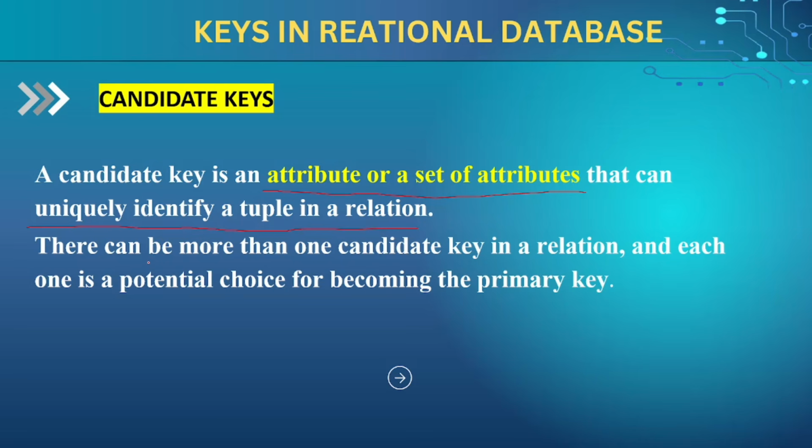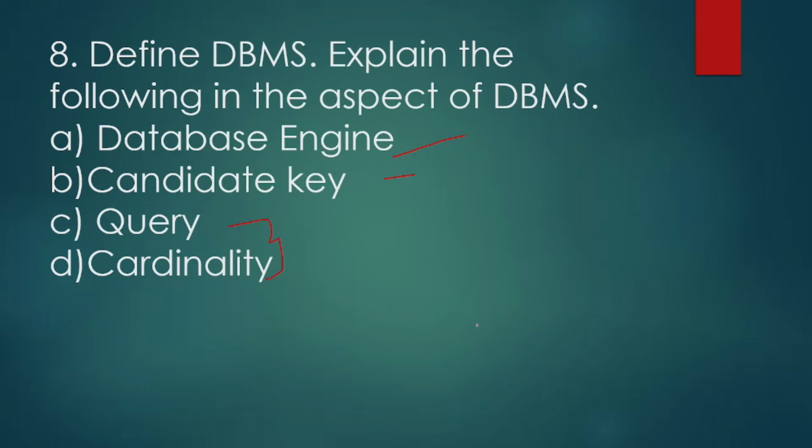In your table, you may have more than one candidate key, and each one is a potential choice for becoming the primary key. These are all important keywords. If you want to provide an example, in the student details, GUID and roll number are candidate keys.